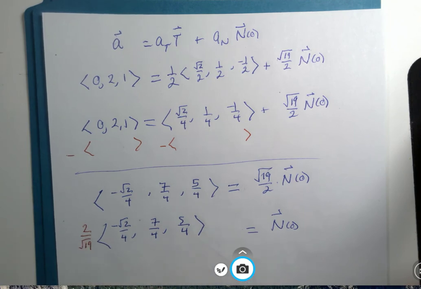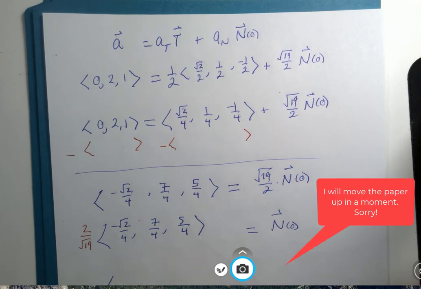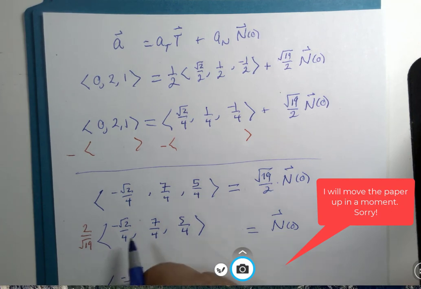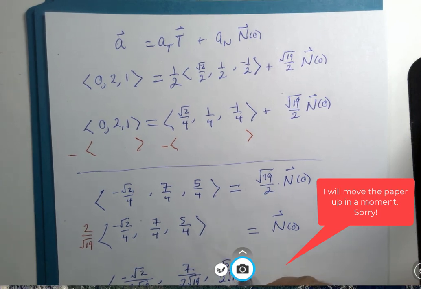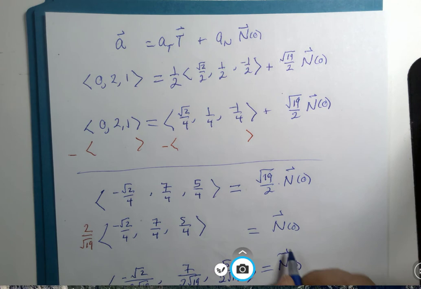You're going to get first component negative root 2 over 2 root 19, 7 over 2 root 19, and 5 over 2 root 19. Your principal unit normal vector, I claim.